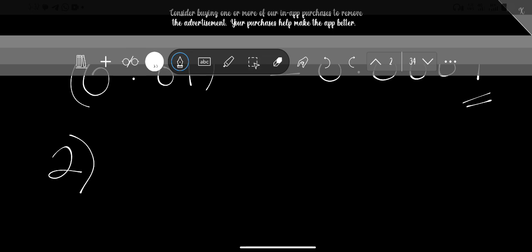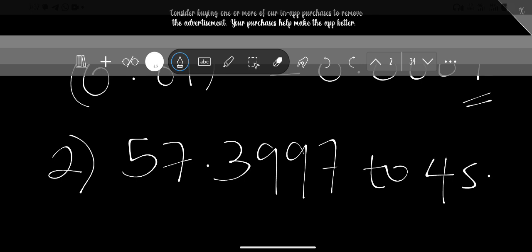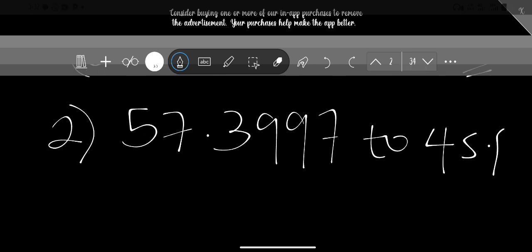So we have to correct 57.3997 to 4 significant figures. What does it mean to correct 57.3997 to 4 significant figures?